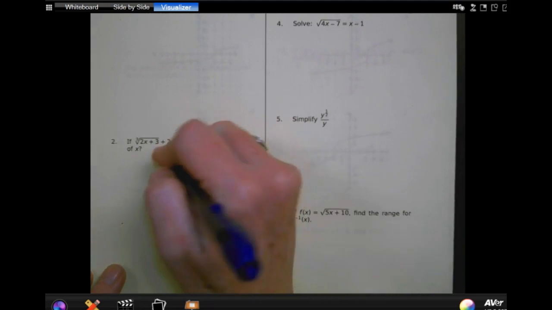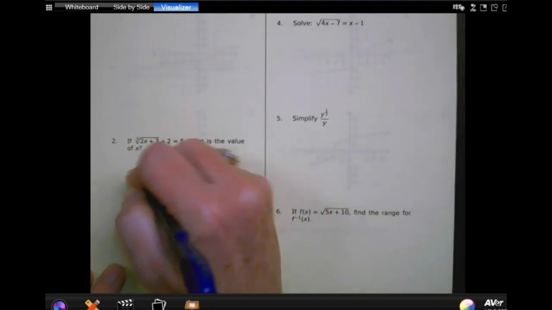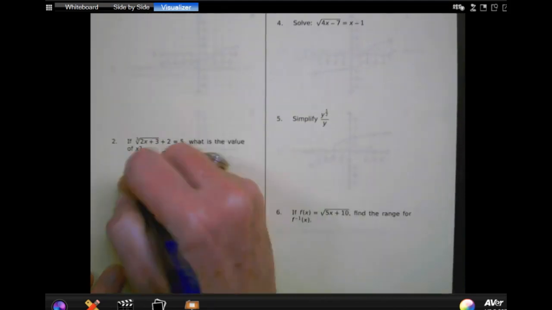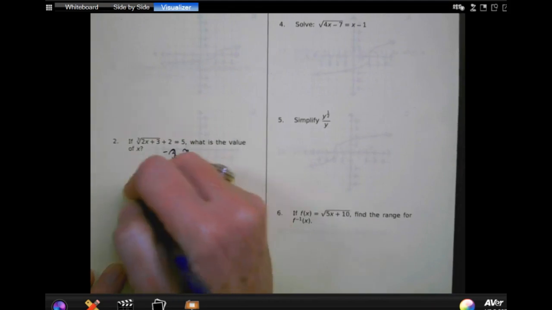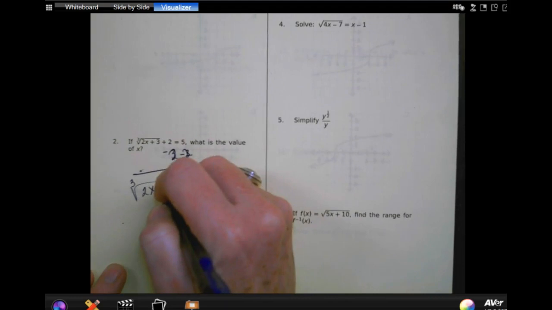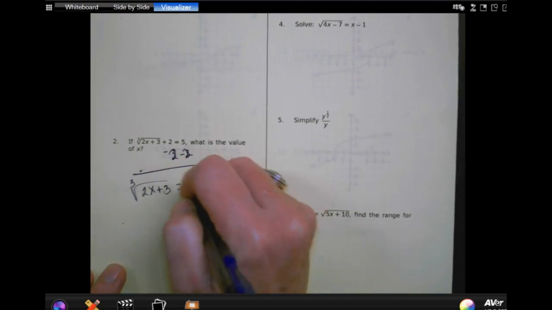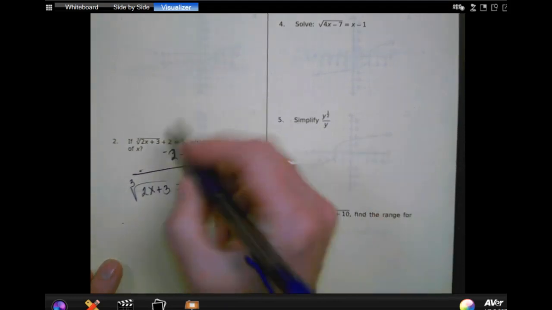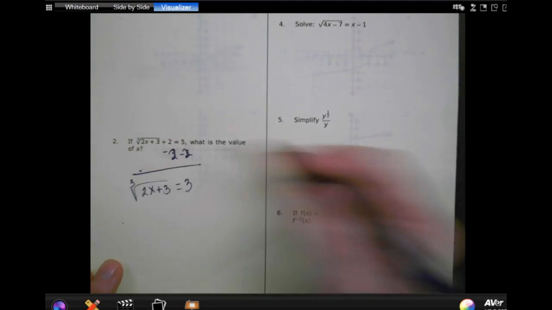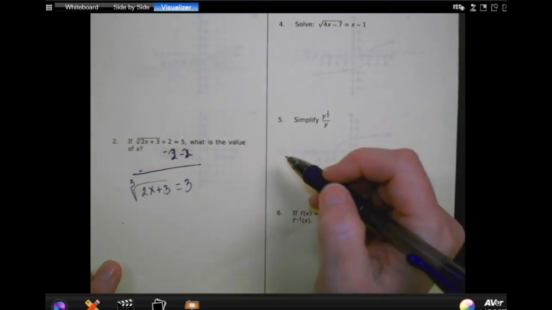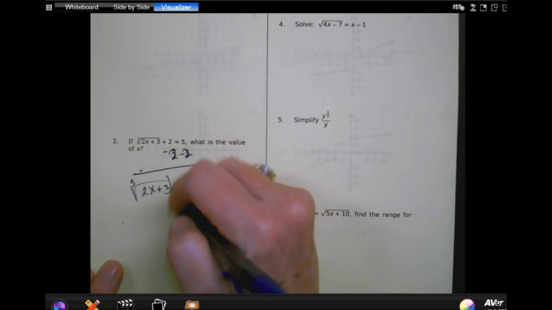Number 2, what is the value of x? So if you subtract the 2, what do you get on the other side? You get a 3. And what is the third? How do I get rid of the third? Cube it.